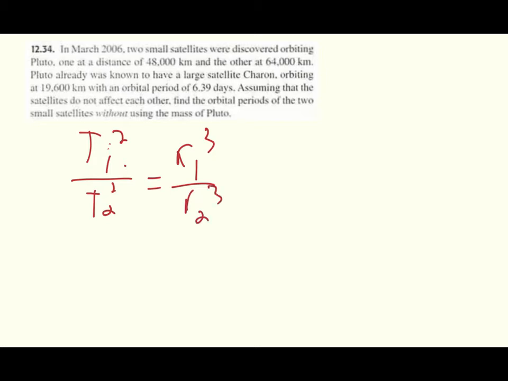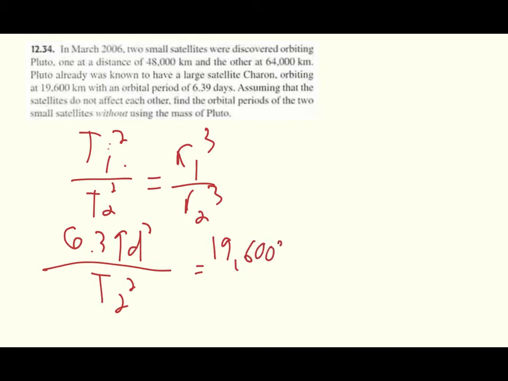So it's going to be 6.39 days squared over T2 squared equals 19,600 cubed over 64,000 cubed. Notice I should put kilometers here and here too.